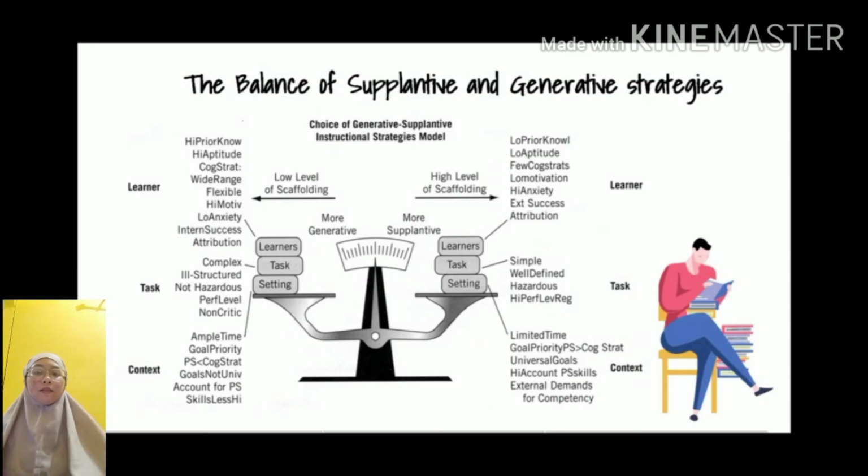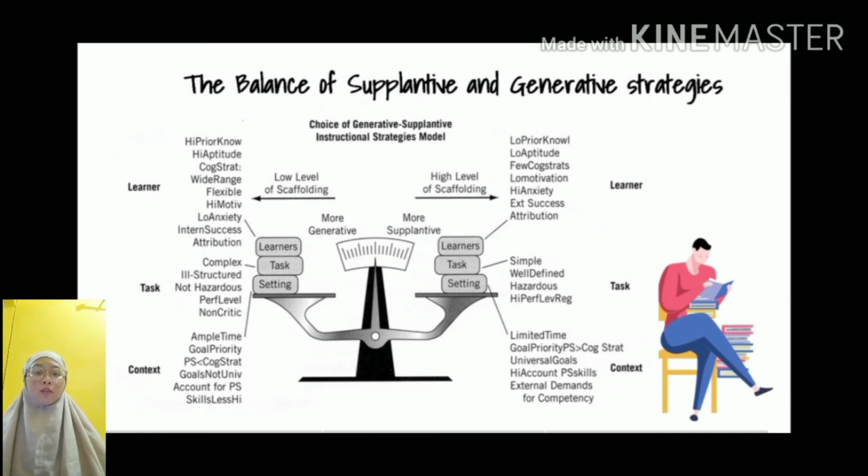Next slide is about the balance of generative and supplantive strategies. This is the choice of generative-supplantive instructional strategies model. The generative end is low level of scaffolding, and the supplantive end is high level of scaffolding.